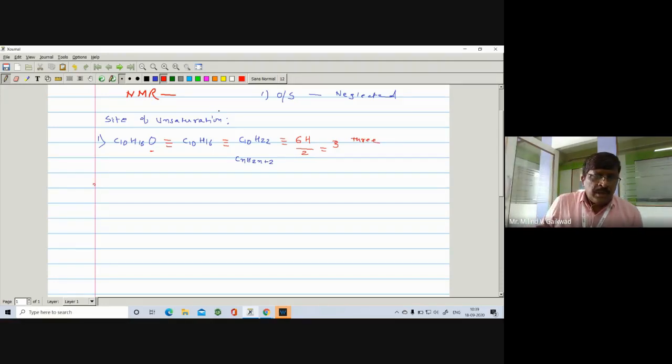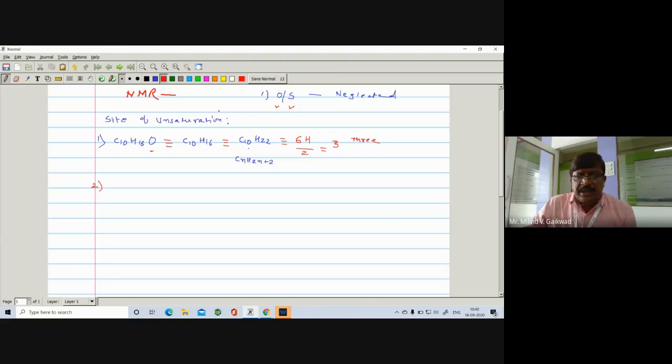So remember, when the formula contains oxygen and sulfur, you have to remove that oxygen and sulfur, convert it into the corresponding hydrocarbon, and then see the corresponding alkane formula. That means you put in the formula CnH2n+2, where n is the number of carbon atoms.